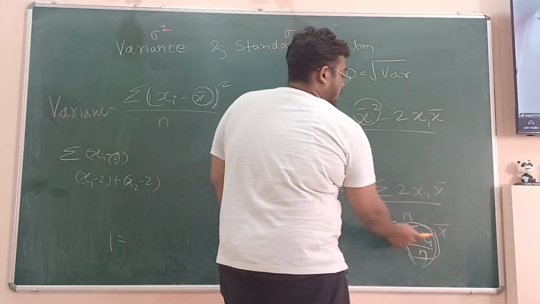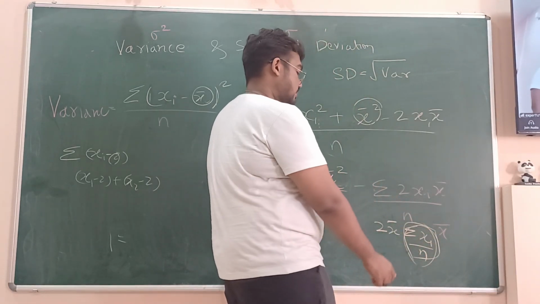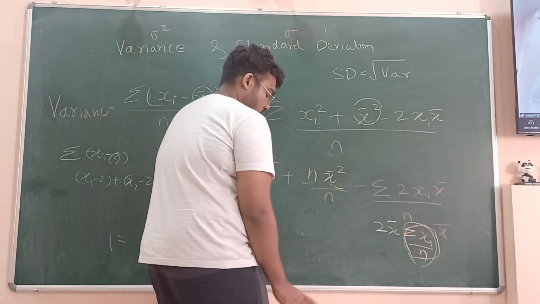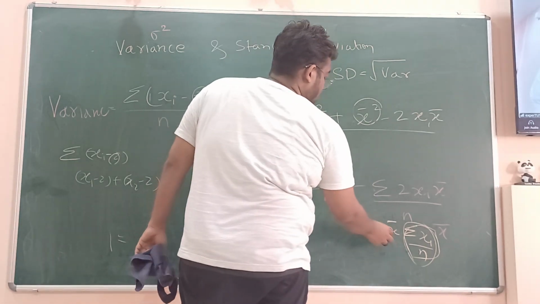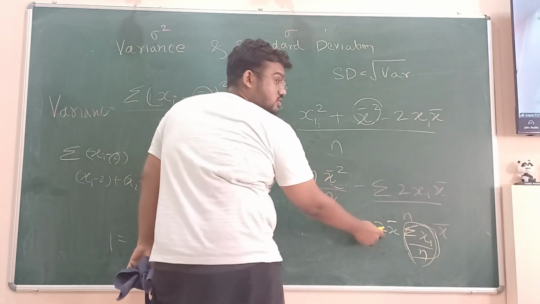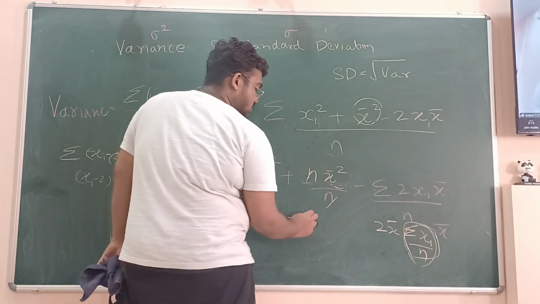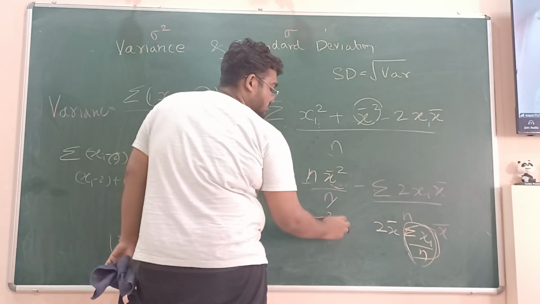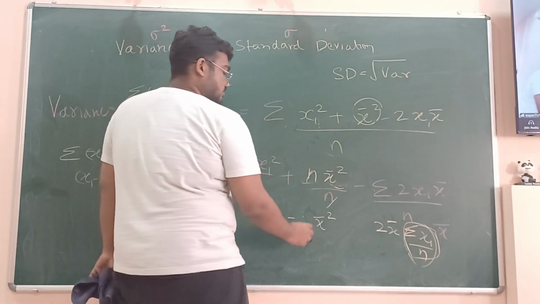So you have 2 x bar square, and this is just x bar square. 1 x bar square minus 2 x bar square is minus 1 x bar square. Yes or no? Understood?